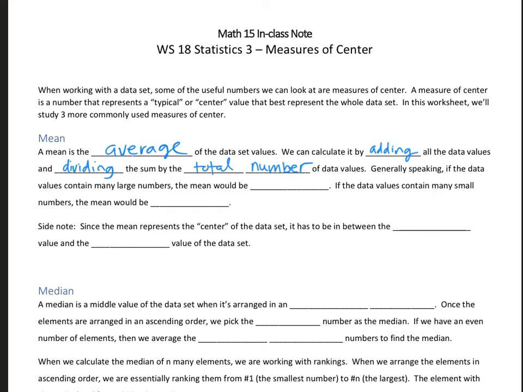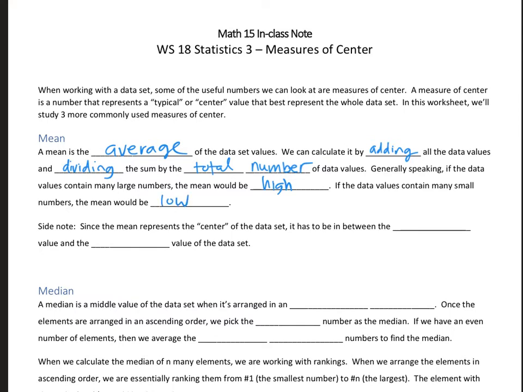Generally speaking, if the data values contain large numbers, so if you have high quiz scores, your mean will be high. It's obvious, right? And if the data values contain many small numbers, meaning you have low scores, then the mean will also come out low.